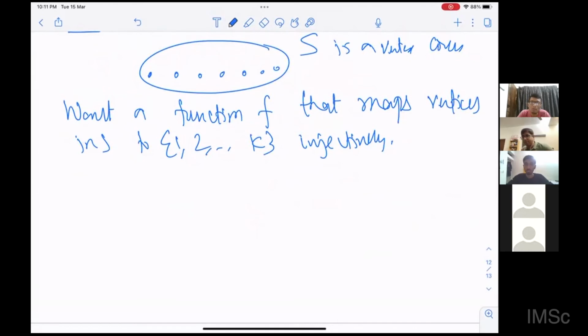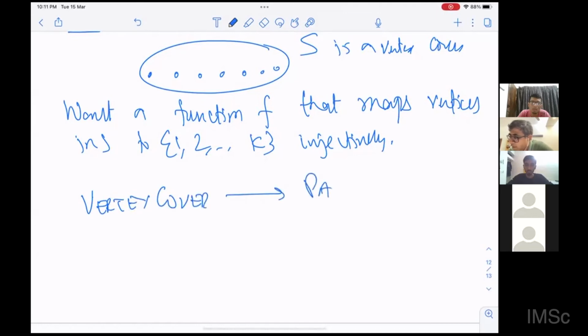So what is the meaning of reduction from vertex cover to partition vertex cover? It just means that if I find a solution to a partition vertex cover, I should be able to get a solution to my vertex cover problem. It's if and only if. It may not be a polytime reduction, because I'm trying to reduce an NP complete problem to a polytime problem.